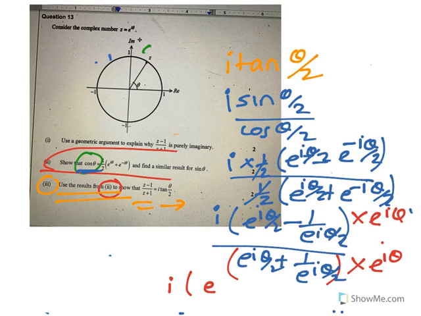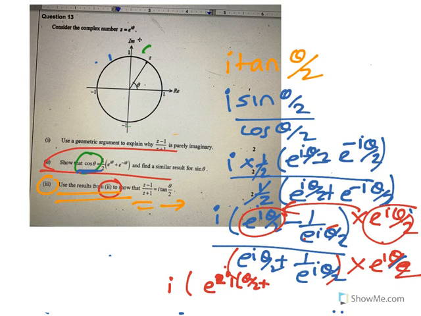So if you multiply by e to the i theta on 2, that will get rid of the denominator there. So you have e to the i theta on 2 times e to the i theta on 2, which will give you e to the i theta on 2 plus i theta on 2, which gives you e to the i theta, minus 1.